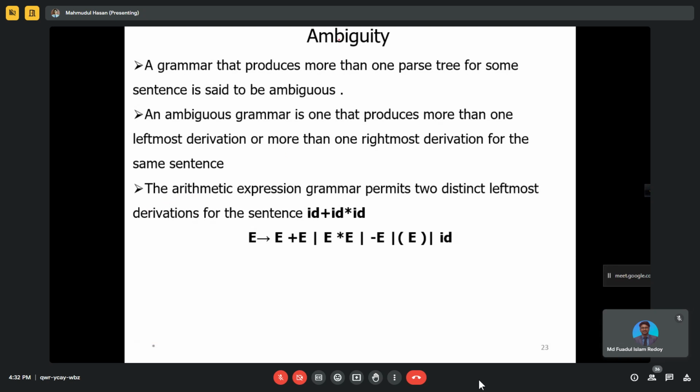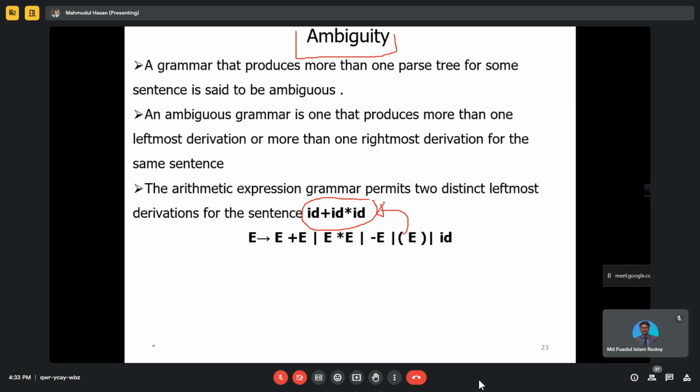Okay, so ambiguity means suppose your system is currently using leftmost derivation, but if it is possible to generate this input from this grammar in more than one way using leftmost derivation, that is ambiguity of that grammar.